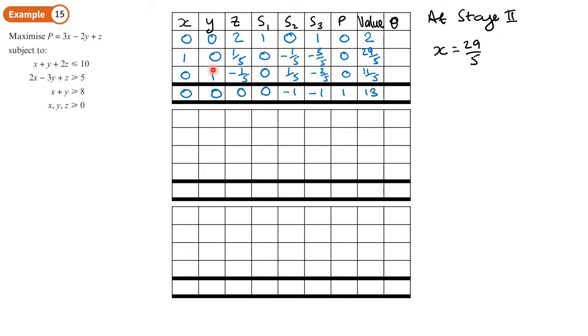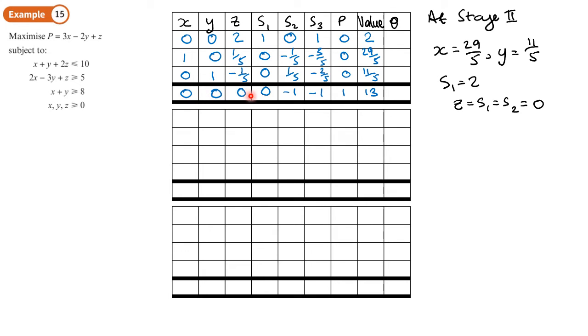Then there's a single 1 in this column, so y is 11 over 5. There's a 1 in this column, so S1 is equal to 2. And remember, any other columns that we have that don't just have a single 1 in them, so Z, S2 and S3, their values are all going to be 0.